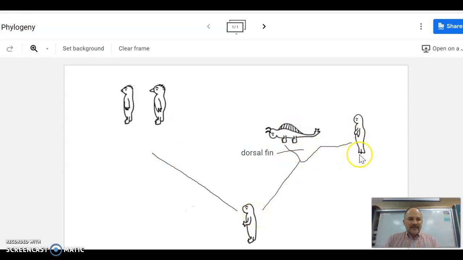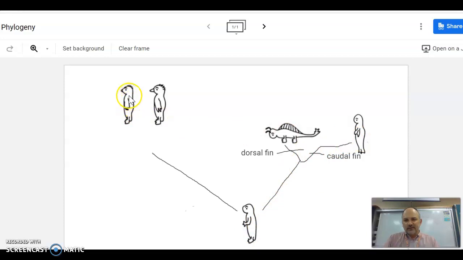This one has a tail fin. We call that a caudal fin. So let's put that as a characteristic on this branch: caudal fin. So that it's differentiated from this one, but it came from that common ancestor and evolved a caudal fin.